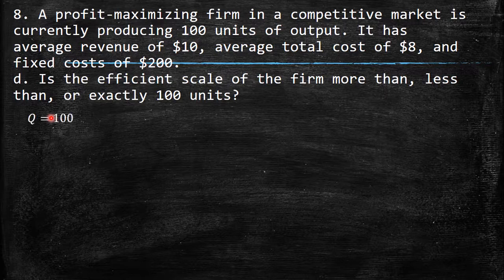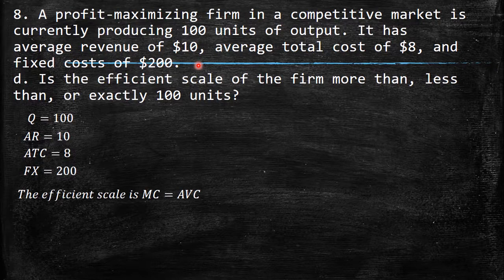So we're going to try to represent that. Here we have the quantities, the average revenue, the average total cost and the fixed cost. The idea is that the efficient scale is exactly when the marginal cost is equal to the average total cost. So, I'm sorry, maybe not variable cost, but total cost.